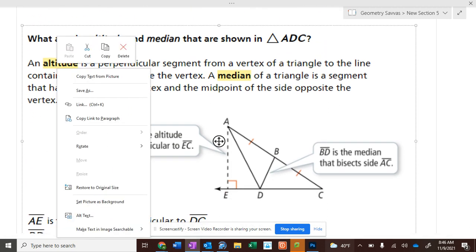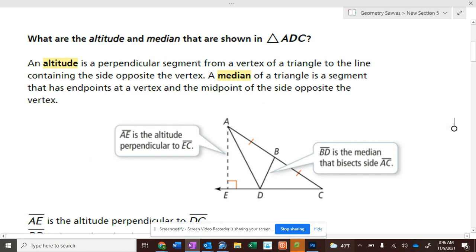So what we're going to look at today are altitudes and medians. So an altitude is a perpendicular segment from the vertex of the triangle to the line containing the side opposite the vertex. Okay? So an altitude could be inside the triangle, or it could be outside the triangle, or it could be on the triangle.